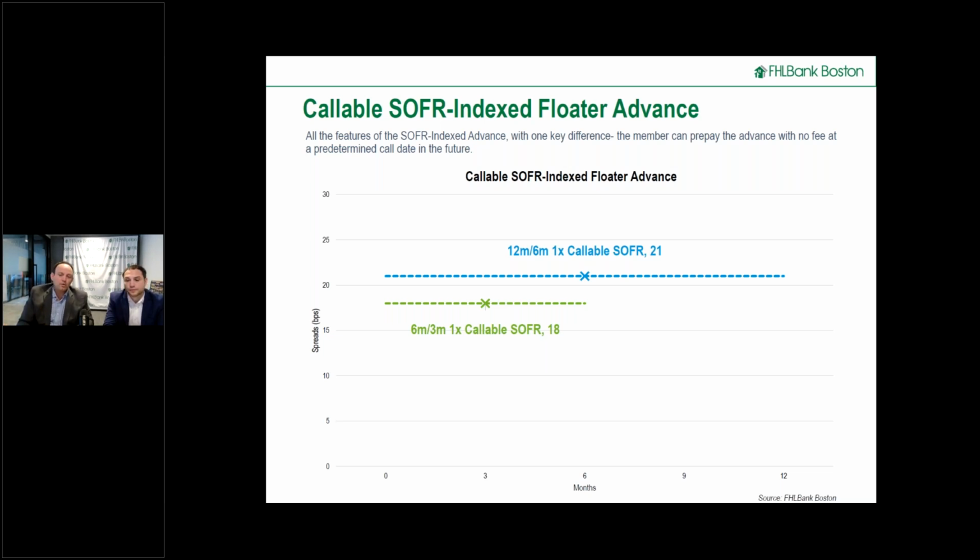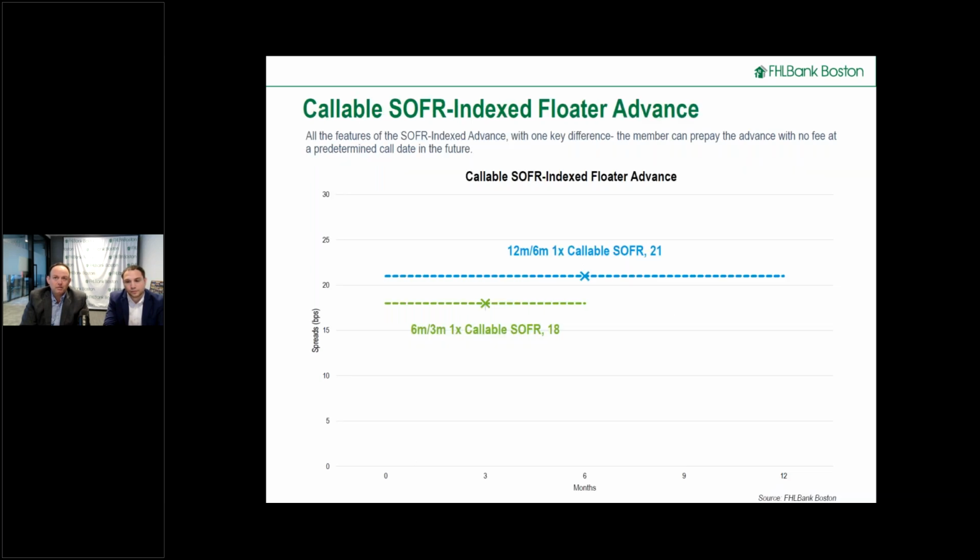So we have an advance very, very similar to the SOFR Index Advance called the Callable SOFR Index Floater Advance. And what that does essentially is it allows you, much like the member option advance, the ability to pay back the advance with no prepayment fee at a particular interval. So here we're looking at a 6-month maturity with a 3-month lockout, and a 12-month and a 6-month.